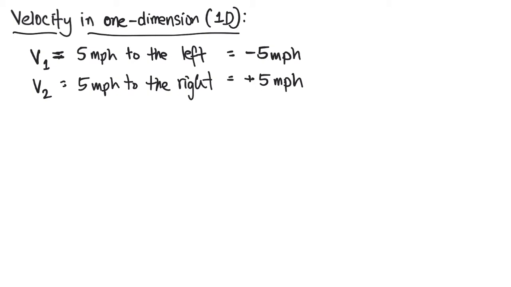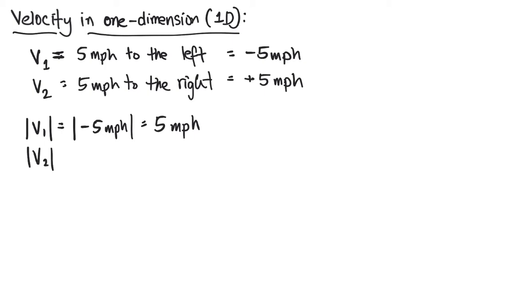Now notice that both v1 and v2, these two velocities, have the same magnitude. So the magnitude of v1, or its absolute value, is going to be the absolute value of minus 5 miles per hour, which is 5 miles per hour. Absolute value here just means get rid of the sign and keep the magnitude.